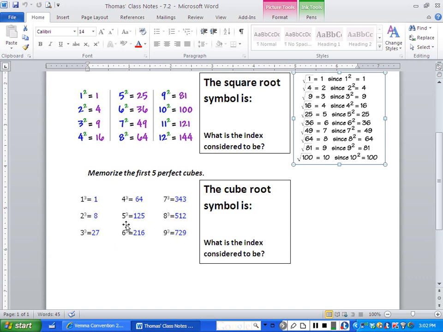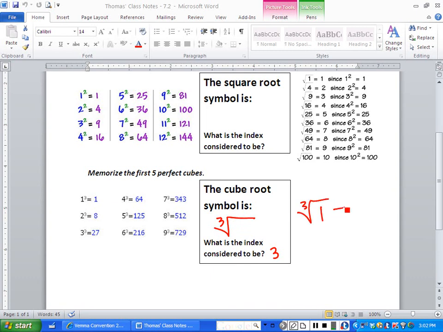The cube root symbol looks like this. As you can see, there is a 3. The 3 is the index. If you're trying to find the cube root of 1, that equals 1 because 1 cubed is 1. Or you're trying to find the cube root of 8. 8 is a perfect cube.